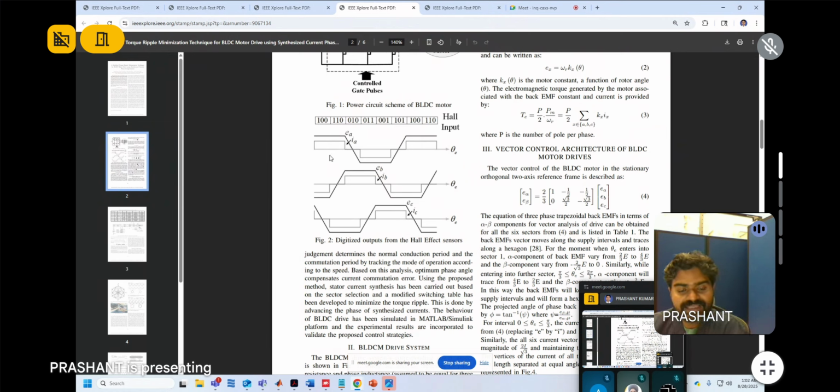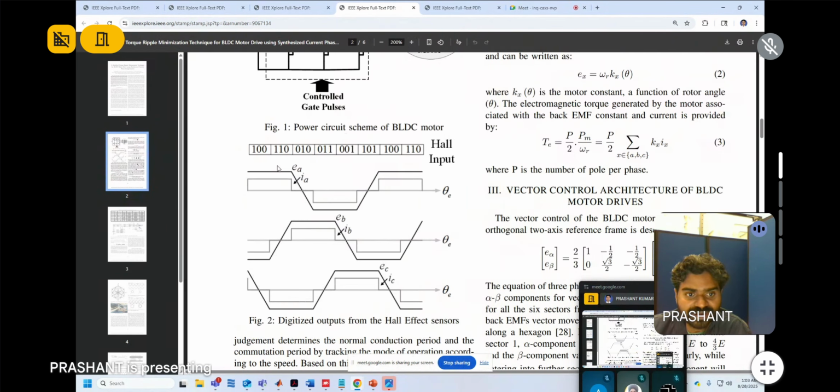Now you can think about why, for the moment when E is plus E, we want the current I to be exactly aligned with the phase back EMF. Because we want the maximum power and maximum torque.